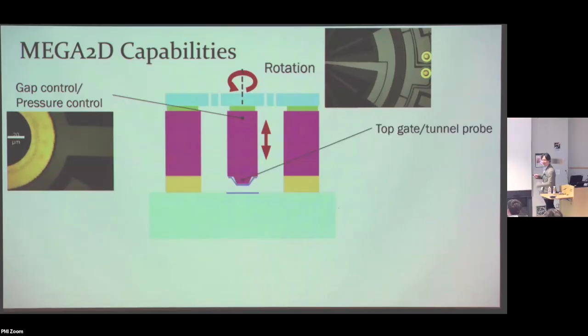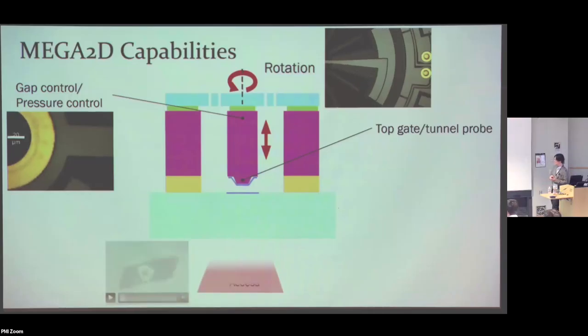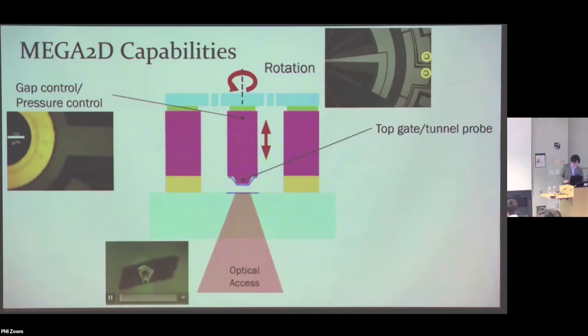You can use the central pillar as a top gate, okay? So you can put gate voltages very easily. And from the bottom, you can access by optics, standard optics. So this is actually a video that shows you 2 hBN flakes being twisted in real time. Okay? So we can twist about 20 degrees in total.